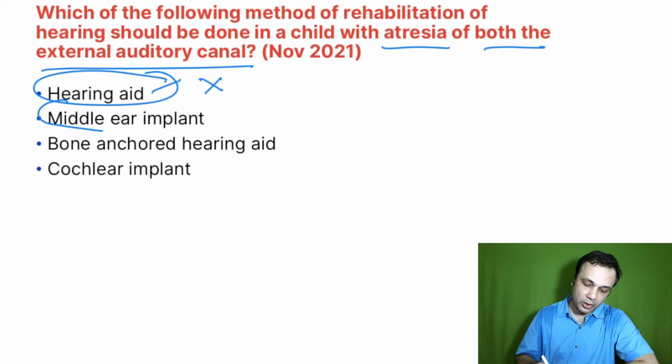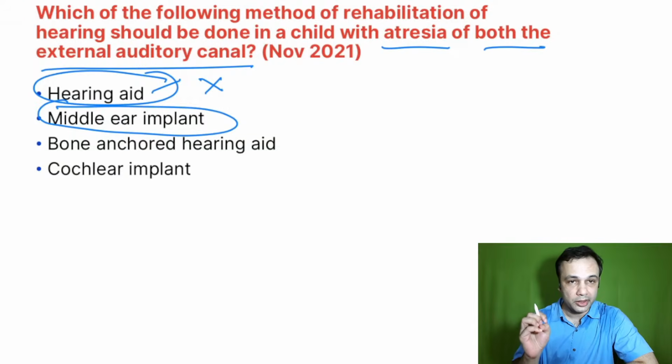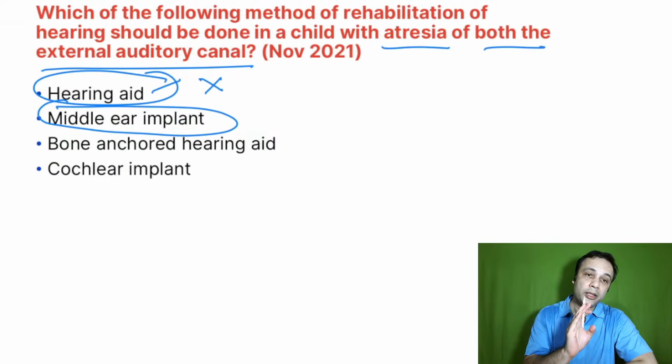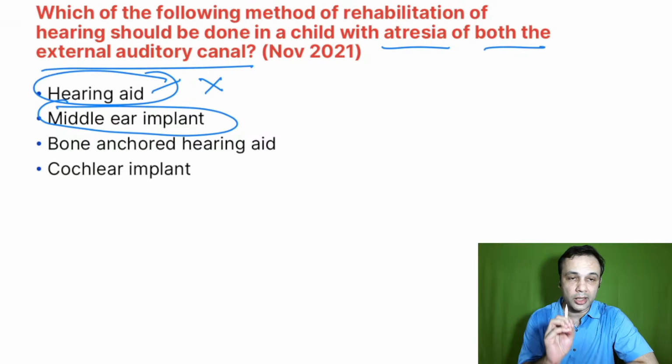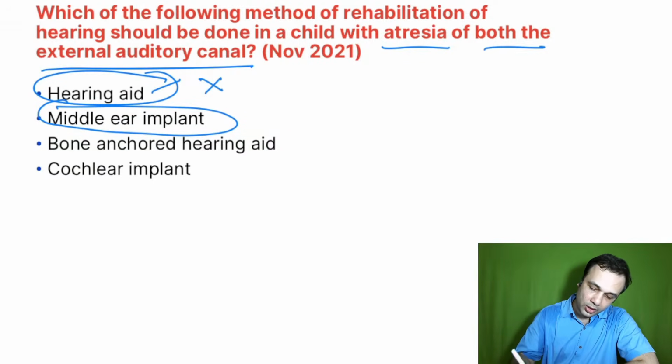When you talk about a middle ear implant, you need the thresholds to be stable. So when the air conduction or the bone conduction thresholds are stable, middle ear implants can be used both for conductive as well as sensory neural hearing loss. When you talk about bone conduction thresholds, it has to be in the range of 500 to 4000 hertz.